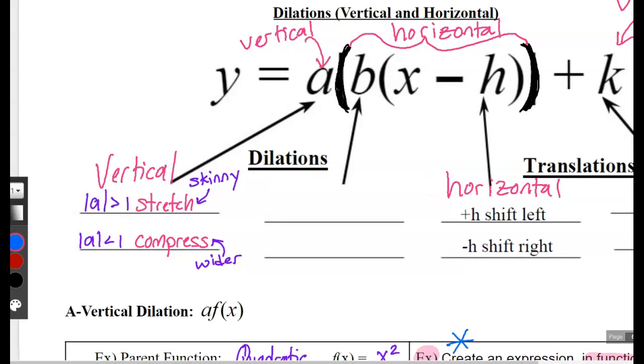We just went over our vertical dilation. What do you think B describes? Oh, yes, it's our horizontal. Now remember, I told you, everything inside the parentheses is always what? And also, starts with a B.